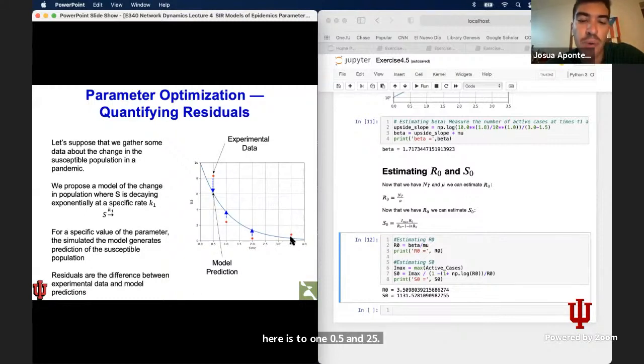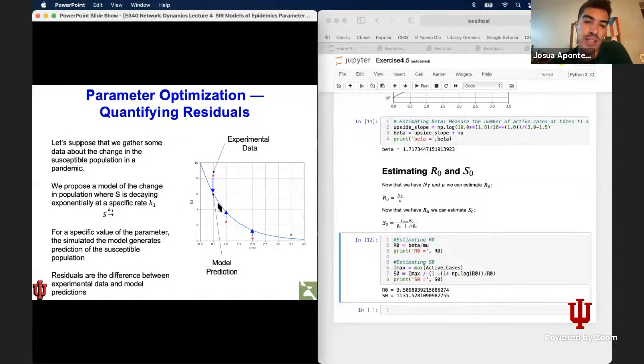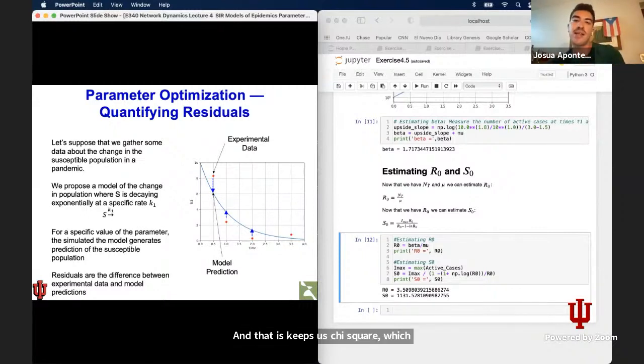That is 3.75. But what we will do is square the distance and add them. So 2 is 4, 1 is 1, 0.5 is 0.25, and 0.25 squared is 0.0625. We add all of those numbers, and that gives us chi-squared, which is a single number that tells us what the difference between our model and our data is.